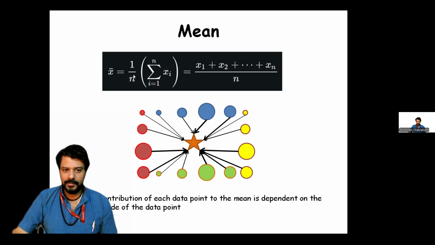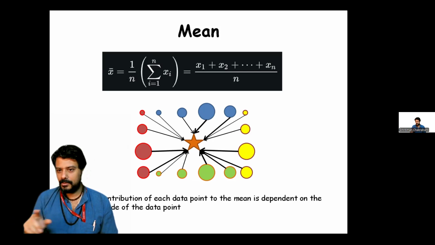So it is basically 1 by n, that is 1 by the number of samples that we have in our data series, multiplied by the summation mark, which is basically capital sigma. So this is your summation of xi, where xi is each item of the data series, which will go from x1 to xn.